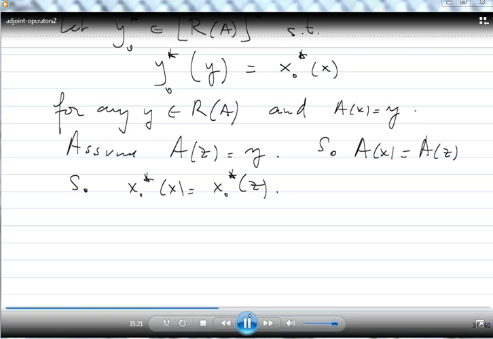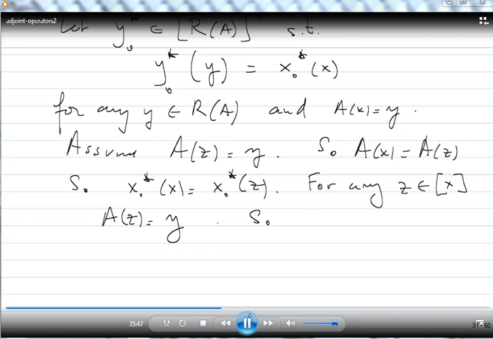Before we get there, let us see how we have that control over the norm. Note, for any z which belongs to the class of x, we have A of z equals y.